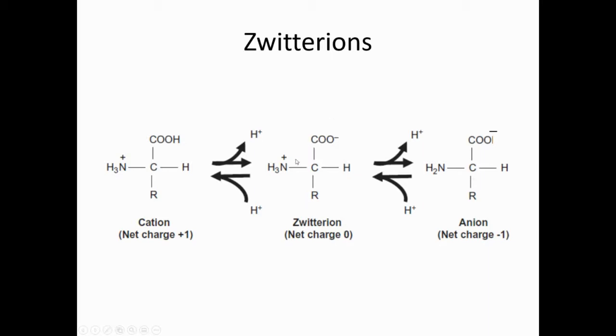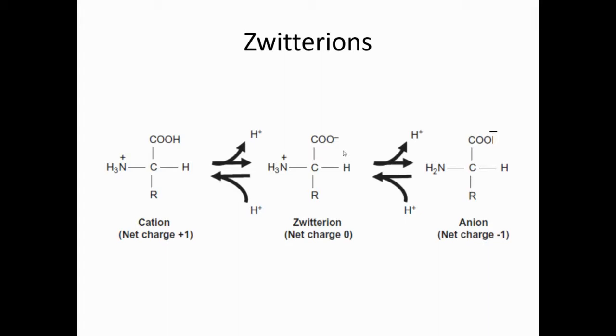At this pH, the net charge is 0 because positive 1, negative 1, so the net charge is 0. So that means they do not migrate in the electric field at that specific pH, at the neutral pH.